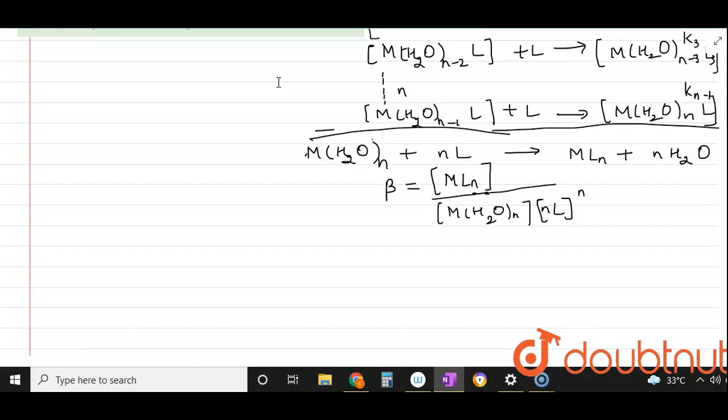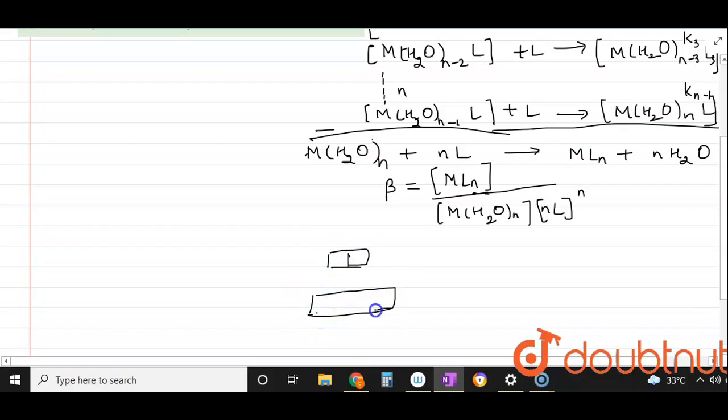We see that there is an energy gap between the t2g and eg levels. In the eg level, two orbitals, and in the t2g level, three orbitals are present, and there is an energy gap between them, which is known as crystal field stabilization energy, or delta naught, right?